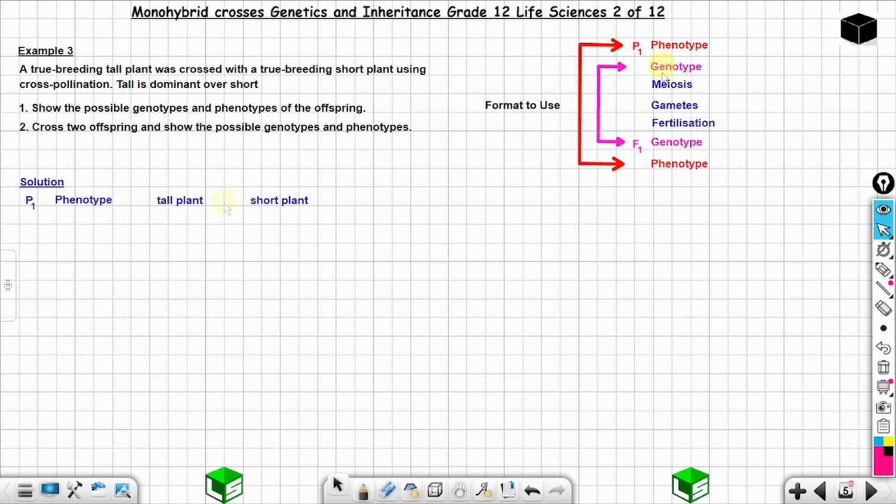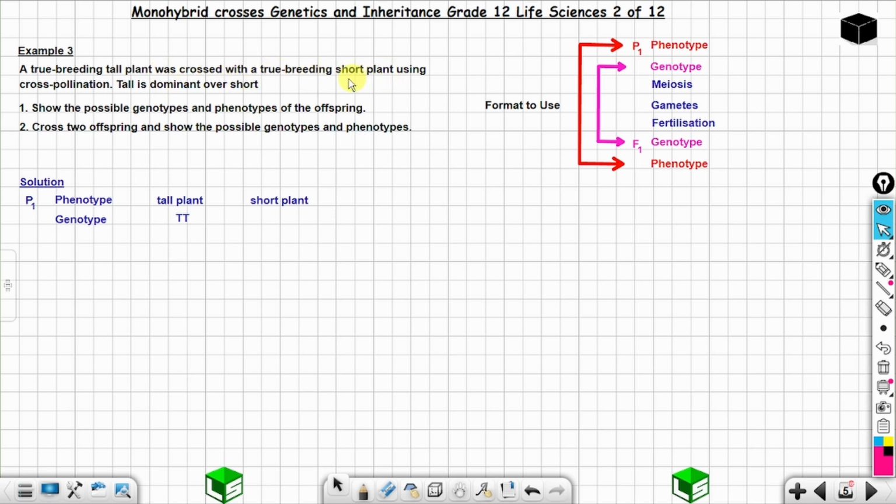You carry on, you have the genotype. For the genotype, you are going to mention the genetic makeup. You have a true breeding, meaning a homozygous, and you are told tall is dominant over short. So we are going to use an uppercase T for tall. And remember, you have homozygous, so you are going to have 2 capital letters T, crossed with a true breeding short plant.